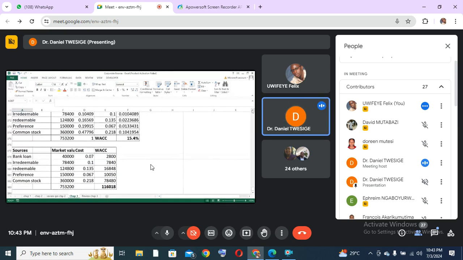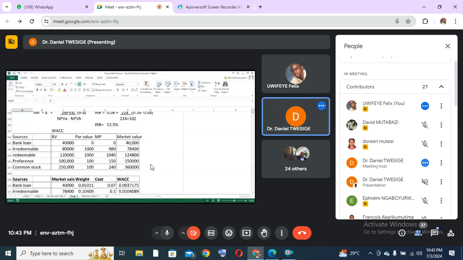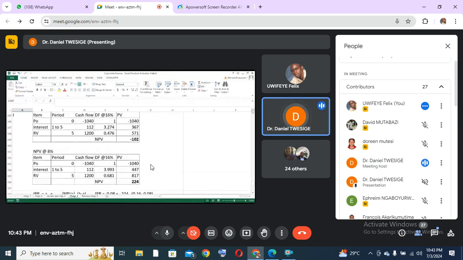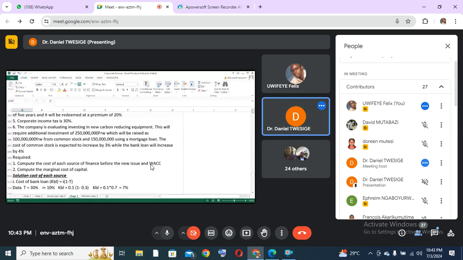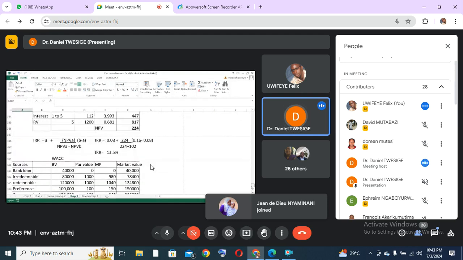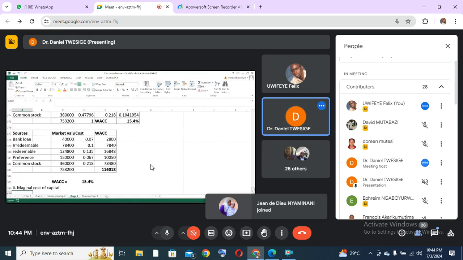So if you check our information number 6, the company is evaluating investing in a new carbon reducing equipment. This will require additional investments. Our additional investment is going to be 250, which will be raised 100 million from common stock and 150 using a mortgage loan. The cost of common stock will increase by 3%, but the bank loan is going to increase by 4%.